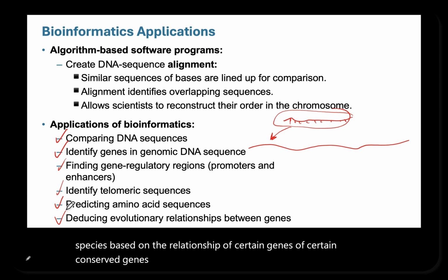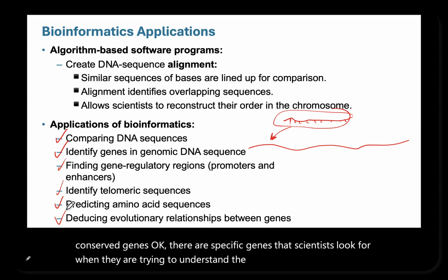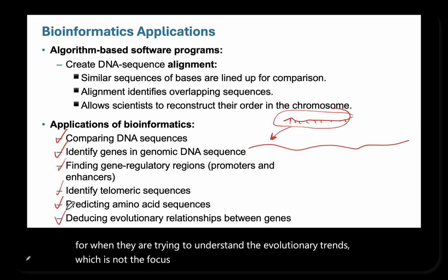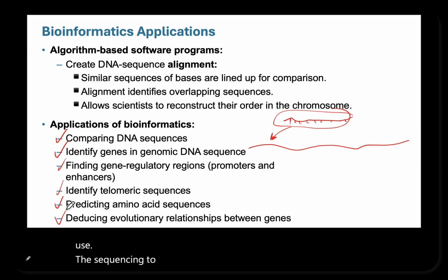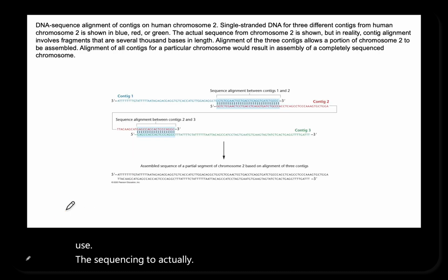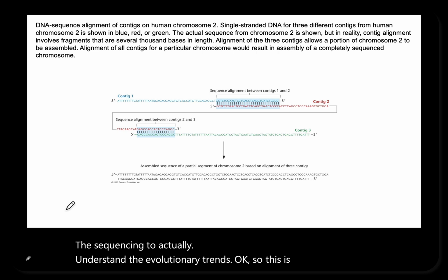There are specific genes that scientists look for when they are trying to understand the evolutionary trends, which is not the focus of this class, but just so you know that we can use sequencing to understand the evolutionary trends, okay? So this is essentially how it works, right?